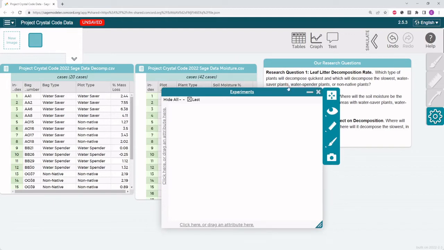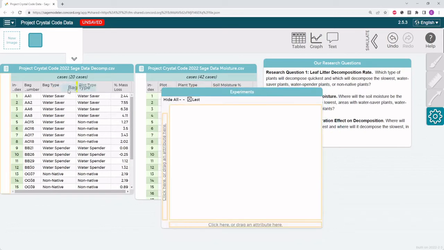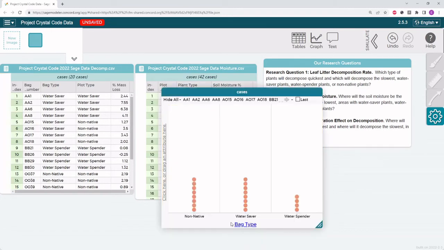What type of plant and the decomposition rate or the percent mass loss. So the first thing I'm going to do is look for the types of plant. The bag type here will tell you what type of plant you have within your litter bag. So I'm going to go ahead and grab the bag type. I'm going to click and drag it on over to my x-axis here.